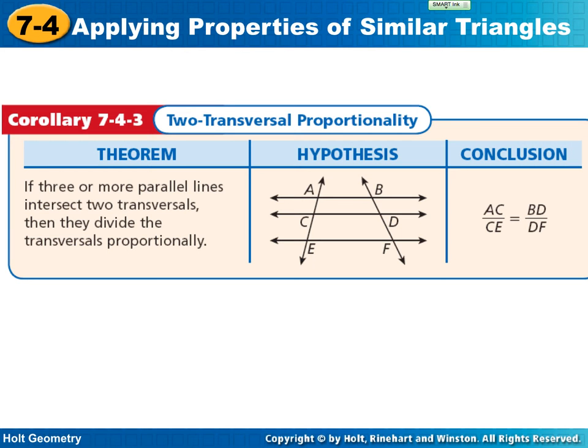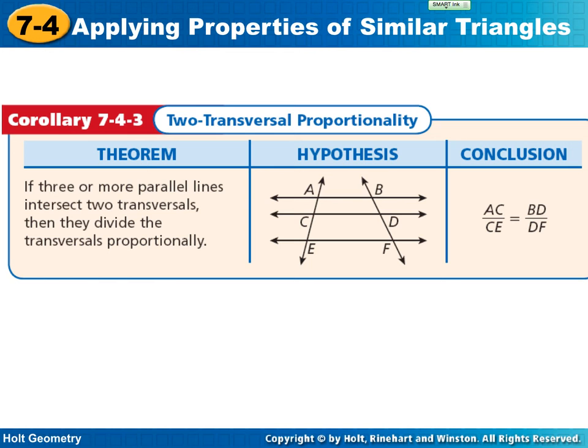So the AE line is a transversal, the BF line is also a transversal. If you would, in your mind, extend those 2 transversals up, you'll notice you really would form a triangle. So this is kind of an extension of the theorem we were just looking at, where you would have multiple parallels with the triangle involved.